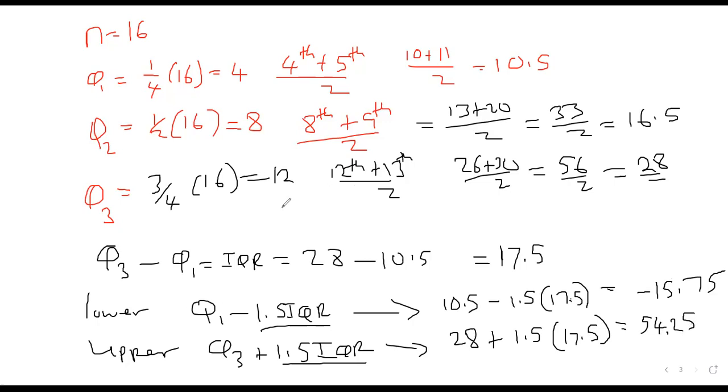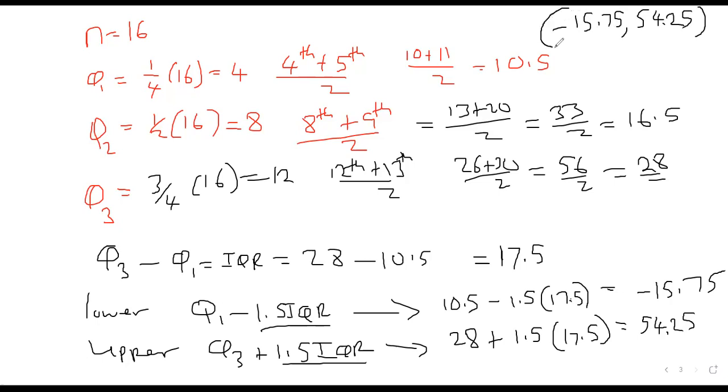Right. So far, any questions? So now the range is between negative 15.75 and 54.25.